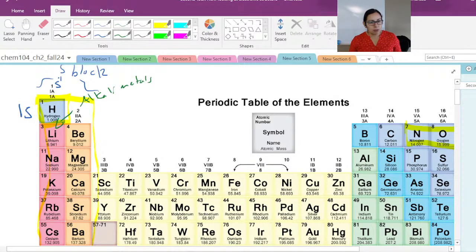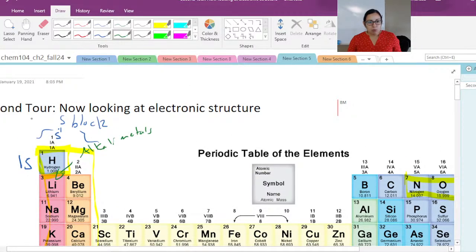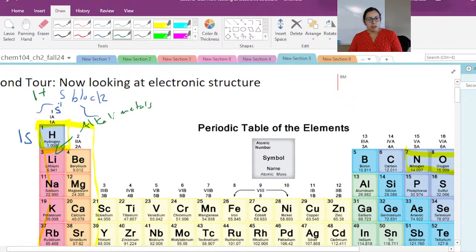That's why they're always in the 1+ oxidation state, right? Because they're always going to be losing that 1 valence electron. And that pattern is going to be repeated with this ns1 pattern. So sodium is going to be 3s1 for its valence electron. Potassium 4s1. So again, just showing you why they all have similar reactivities.